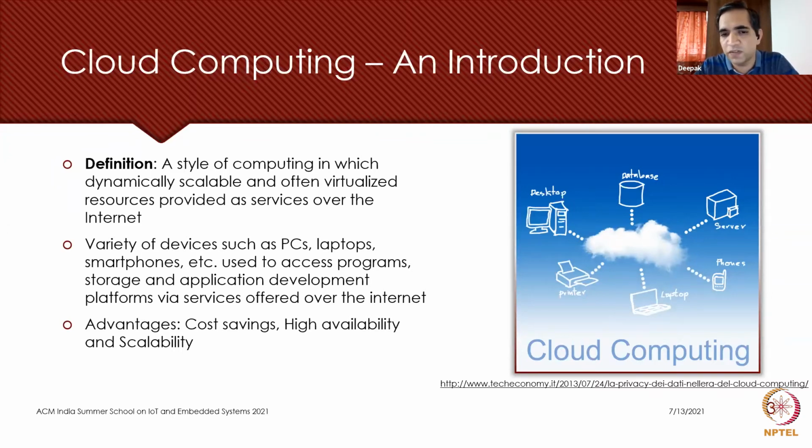Sometimes we do hear that some of these cloud providers are down, and then you're not able to access some of these services from them, right? So that is possible. But one of the things that is tried to be maintained in cloud computing is a high availability of resources and services.